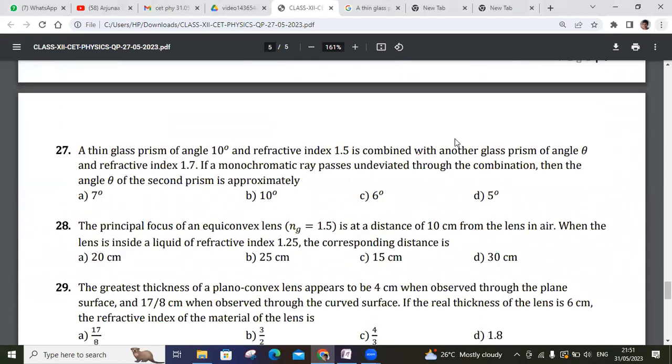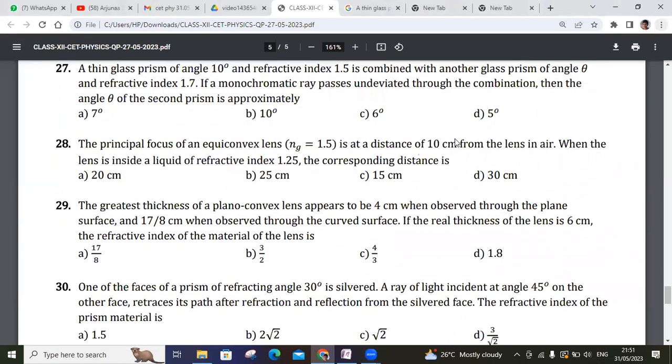So 27, 28, 29, 30. So 27th, if you see, there are two prisms. A thin glass prism of 10 degrees, refractive index 1.5, is combined with another glass prism of angle theta and refractive index 1.7.